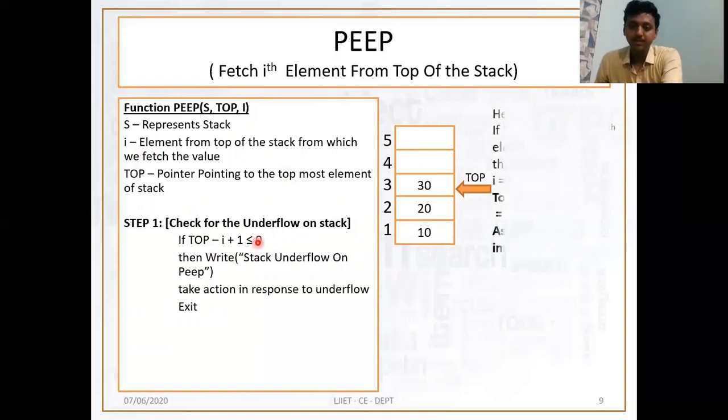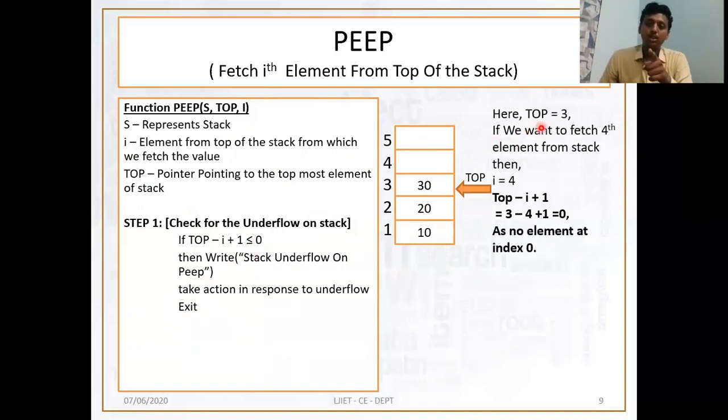How? Let me clear. See this. Here the top is situated at 3. If I want to fetch the fourth element from the top of the stack, then i becomes 4. The top value is 3 and i is 4.